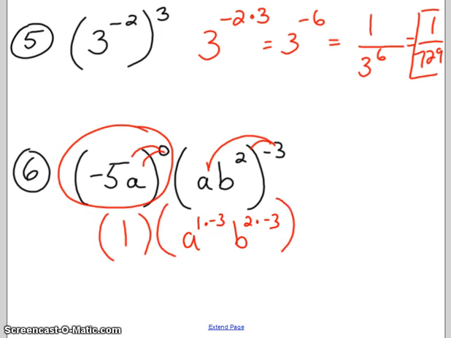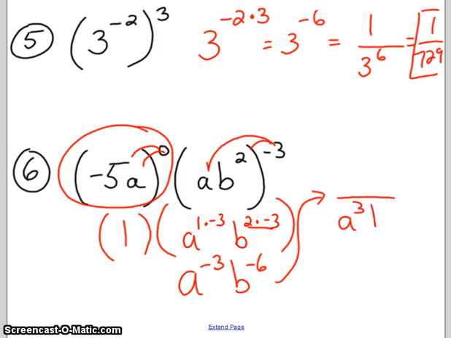Alright, so pretty much we have a to the negative 3, b to the negative 2 times negative 3 is negative 6. Okay, 1 times all this is all this, so we really don't need that 1 anymore. Okay, now we have 2 negative exponents. Remember, you bring them to the denominator and make them positive. Alright, and since we don't have anything in the numerator, we're just going to put a 1.